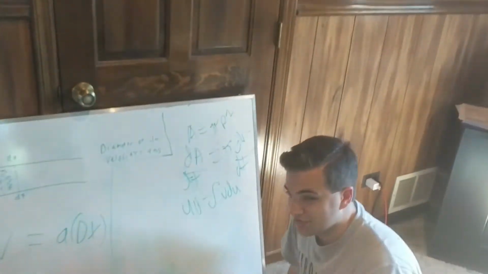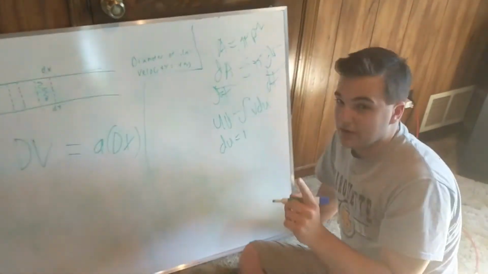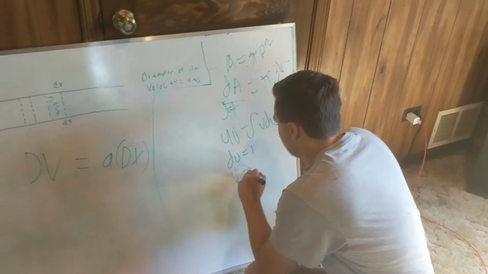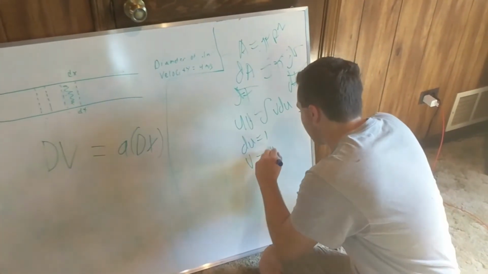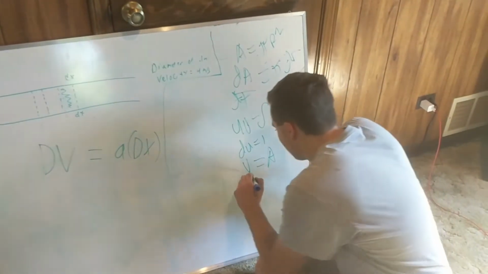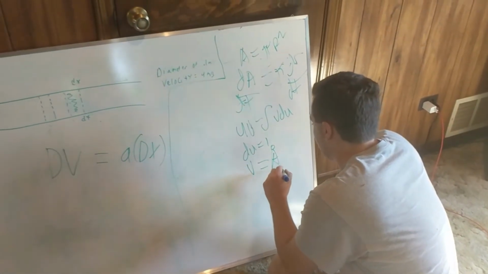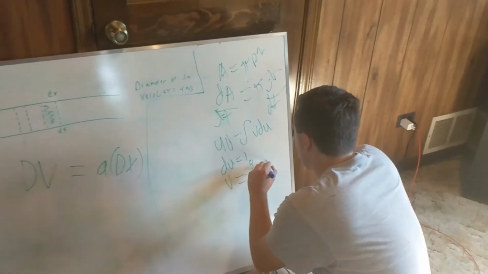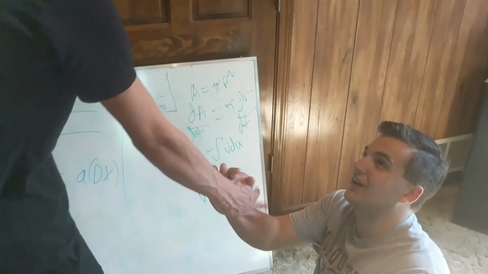And then when you find the derivative of that, it's du equals 1, because, you know, that happens. And then v equals alpha. Thank you. And then wait, is that right? That's amperes. You got a lot to learn, kid. That's amperes, though. Why don't you come with me?